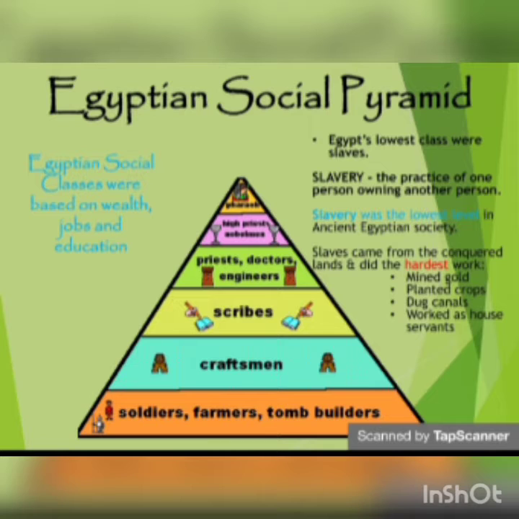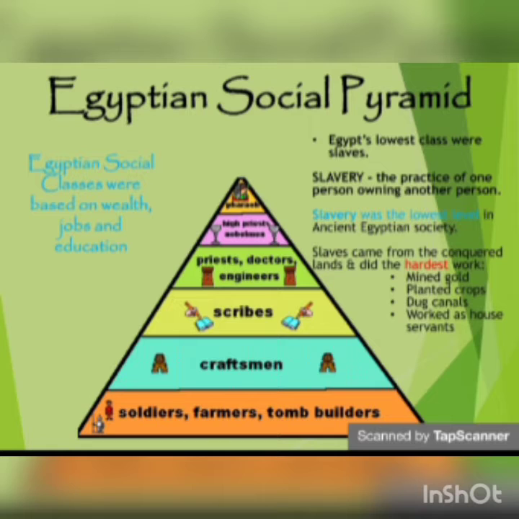Then the lowest are soldiers, farmers, and tomb builders. Those people involved in construction were considered the last category, and mostly the last category were also called slaves.